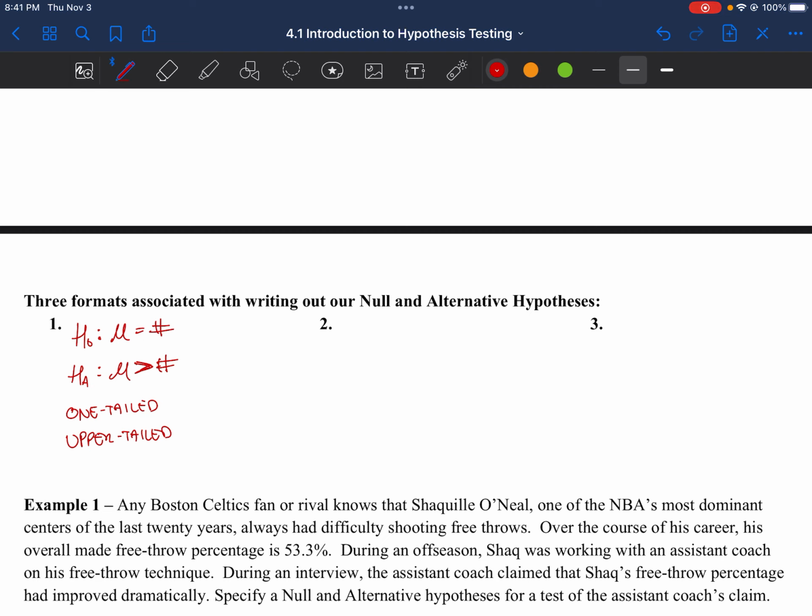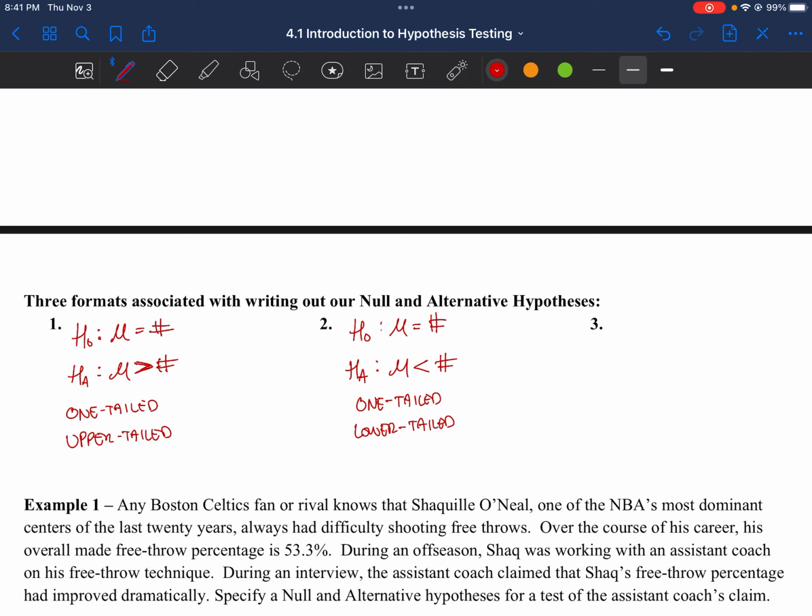We have our null hypothesis that the mean is still what it's always been. It's some number. We have our alternative hypothesis that says, you know what, I think the mean has gotten smaller. This is also one-tailed, and this is a lower-tailed hypothesis test.